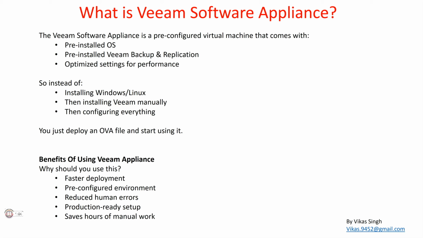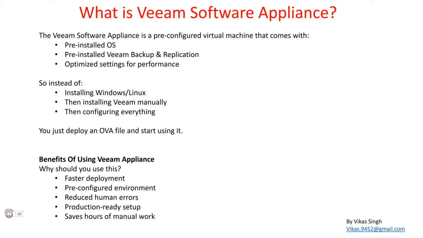Instead of doing everything manually, like installing the OS, installing Veeam, configuring dependencies, and applying optimization, you simply deploy an OVA file, power it on, and your Veeam environment is ready. This significantly reduces the deployment complexity of the overall Veeam infrastructure.